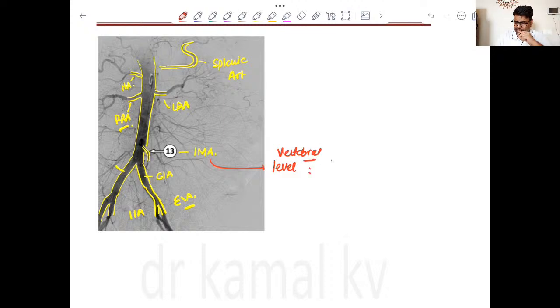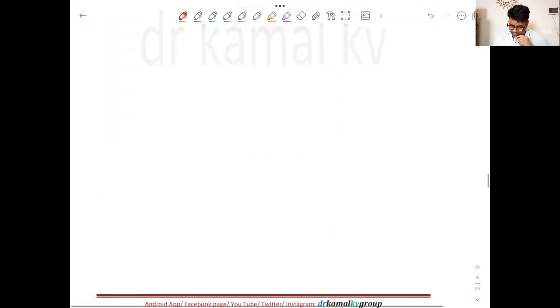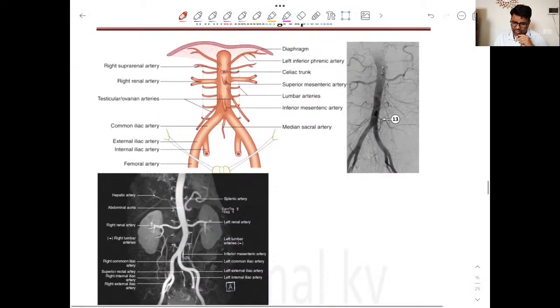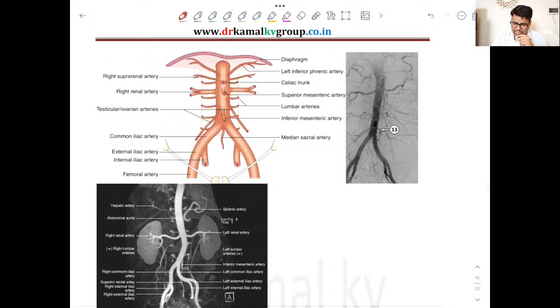And sometimes we have one more question about the IMA, the vertebral level of origin, and that is L3, right? So just the important ones we will take, and we know that from the abdominal aorta there are three important branches, and I think we have already discussed this before in anatomy.